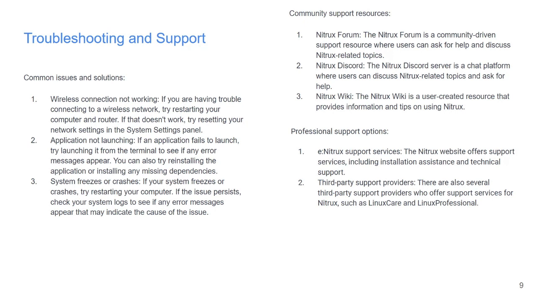I'd recommend the other two. Then professional support options right here are emails. I think this is a website right here, and third party providers and all that. And this will be the end of my slides, and they'll go on to my other fellow slide mates.